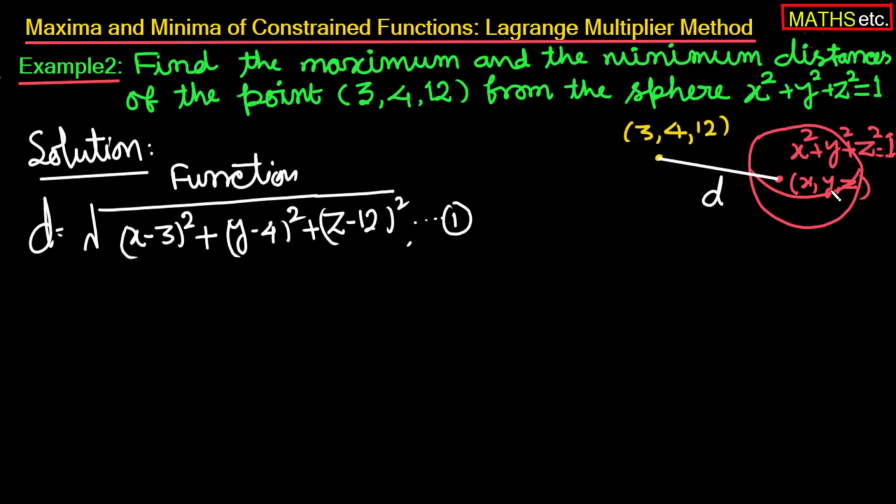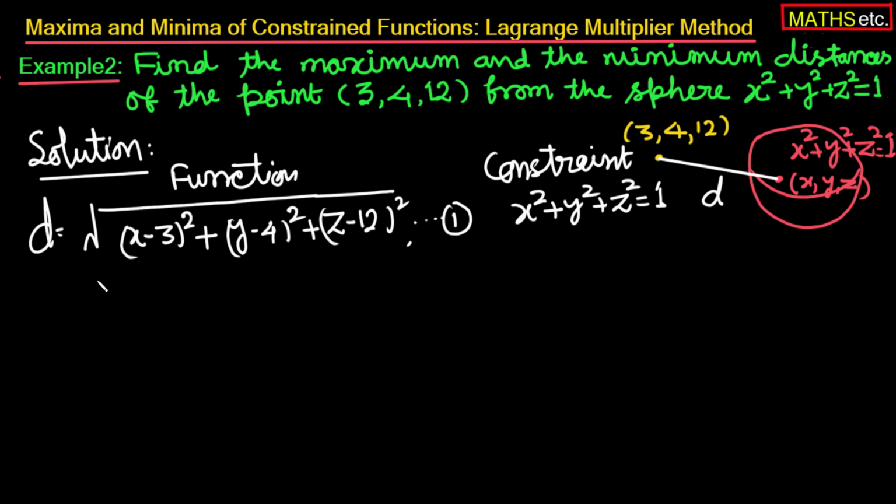And what is the constraint? The constraint is the sphere, and the equation of the constraint is x squared plus y squared plus z squared equals 1, right?